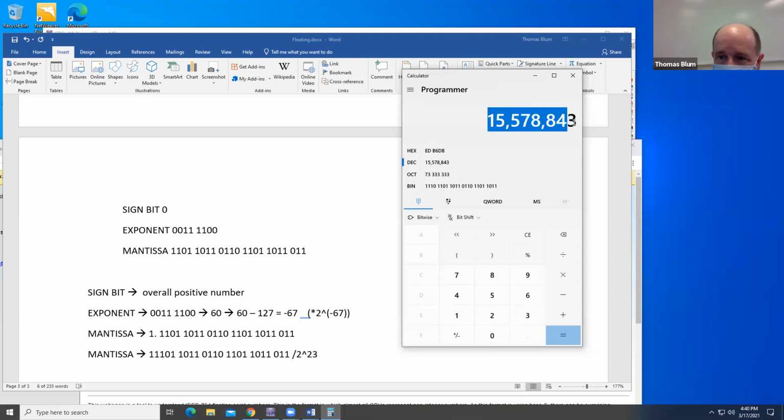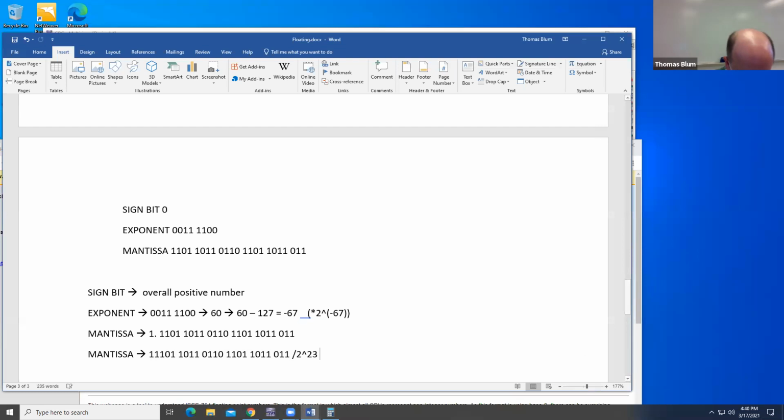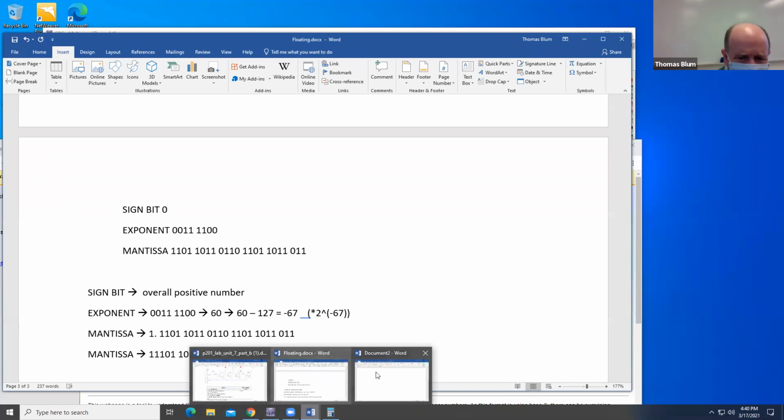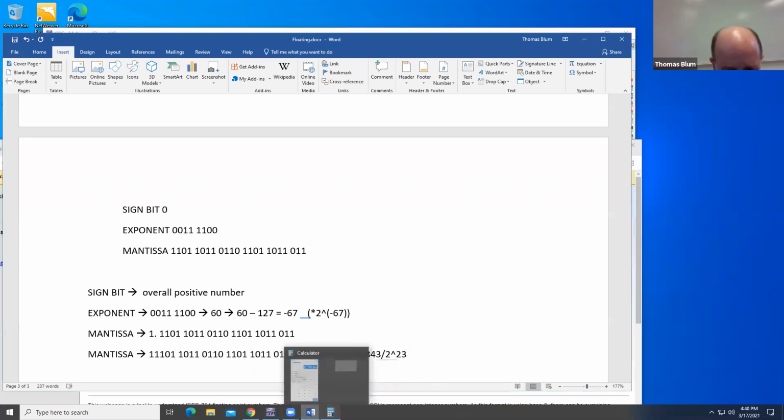So now I'm going to copy that. I take my bit string and I put it into decimal, and I divide that by 2 to the 23. And so that is what I have to do next. So I'm going to move my calculator. You can do some of this in Google, if it can be a calculator.